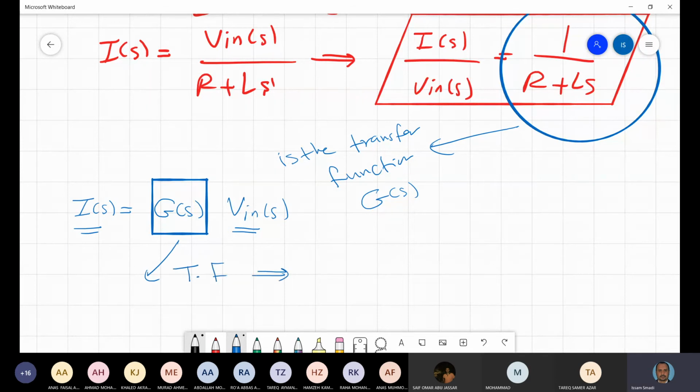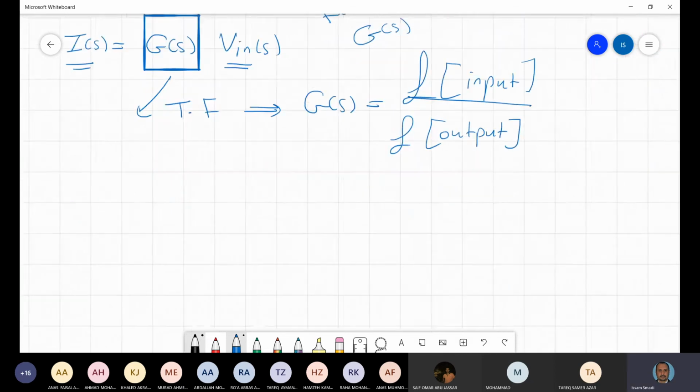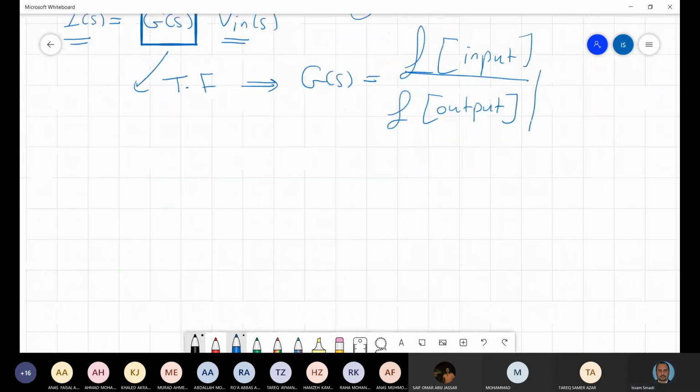So now I can define the transfer function G of S as the Laplace of the output over the Laplace of the input at 0 initial condition.